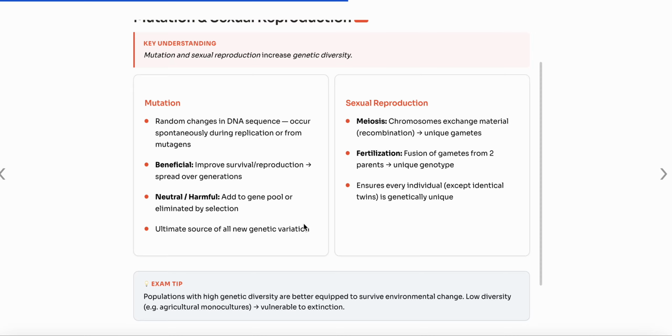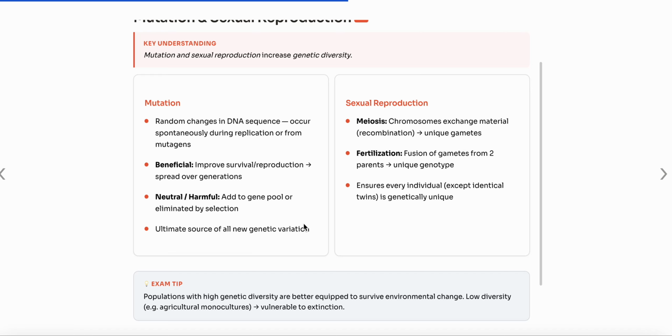Mutagens are certain chemicals which are responsible for causing mutation. Mutations sometimes can be beneficial to the people or to the community, or sometimes harmful, or neutral. So mutation is something which is happening, and sometimes it can lead to a harmful effect, or to a beneficial effect.